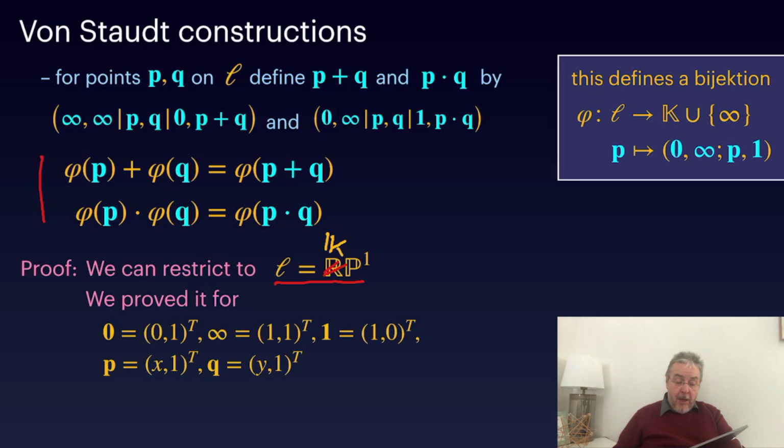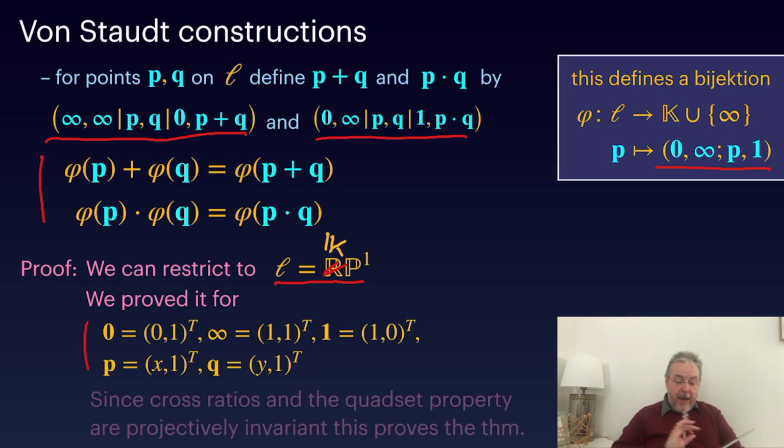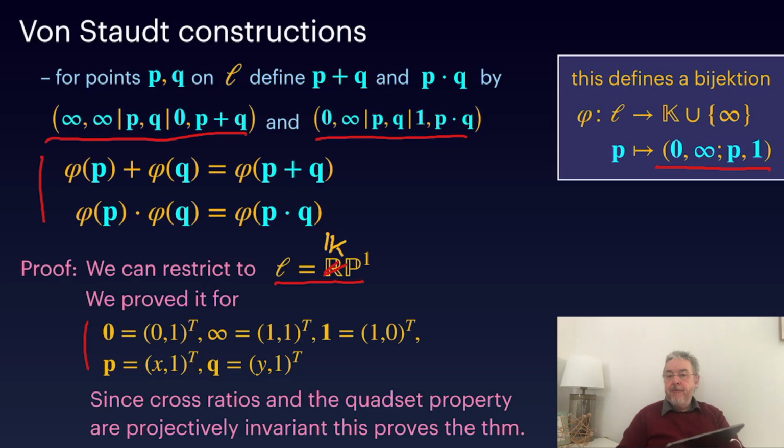But now we know that both the cross ratio and the quadrilateral set relations are invariant under projective transformation. So with proving it for the standard embedding, we automatically proved it for the general case, because everything is projectively invariant.